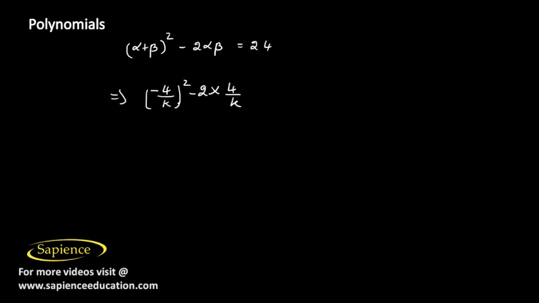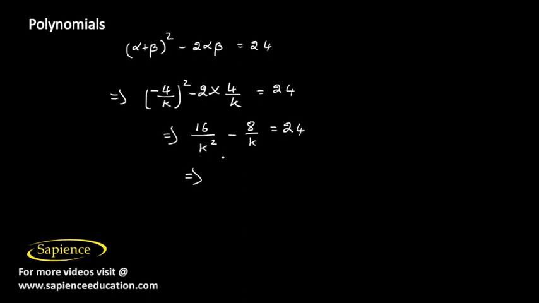So alpha plus beta whole square minus 2 alpha beta is equal to 24. Minus 4 square will be 16 divided by k square minus 4 2s are 8 divided by k equals 24.